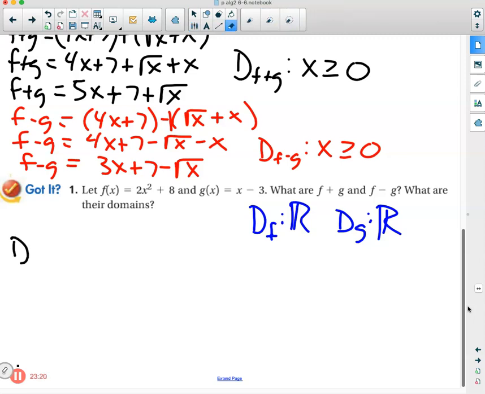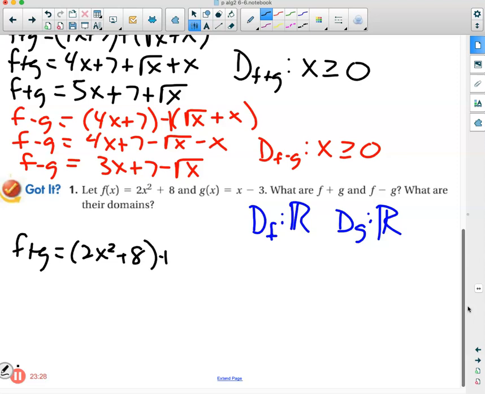Oops, not domain. F plus g. So we need 2x squared plus 8 plus the quantity x minus 3. We have anything we can put together? That's it though, right?